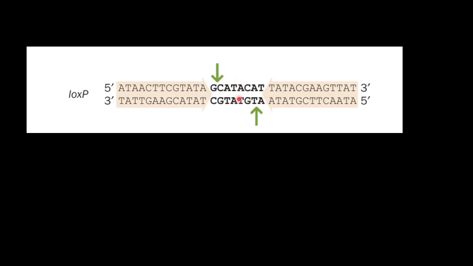So whatever the sequence present in between these repeats plays an important role in whether the gene is going to be deleted or the gene is going to be inverted. So this particular sequence plays an important role in whether the gene is going to be deleted or it will be inverted.